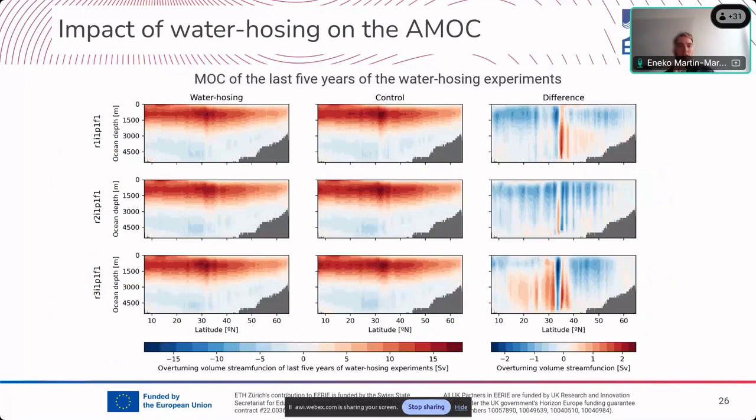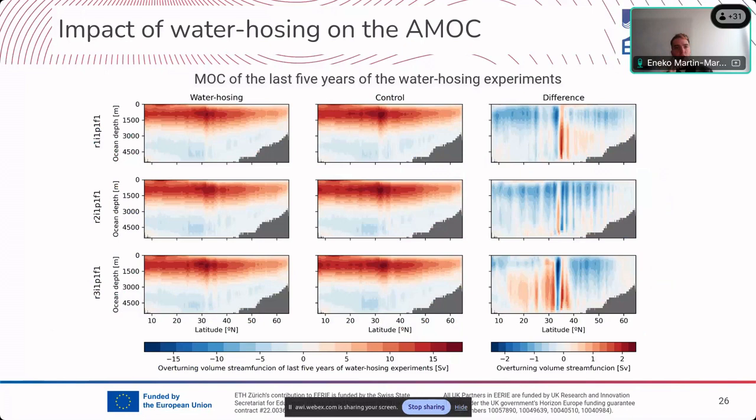If we take the last 5 years of the water hosing experiments and the corresponding last 5 years of the control experiment, we do it because we could still have small trends in the control. Nevertheless, we remove a lot of years: 5 out of 21 is a quarter of the experiment, more or less.